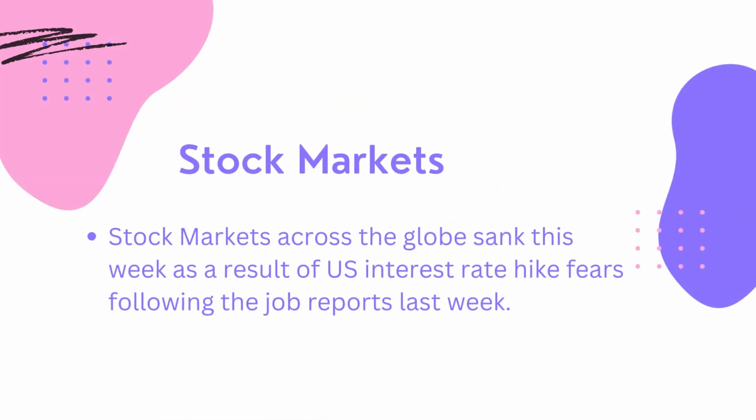Stock markets across the globe sank this week as a result of US interest rate hike fears following the job reports last week. This happened despite the news that Britain has avoided recession. Inflation still appears to be the rival of the year for many economists.